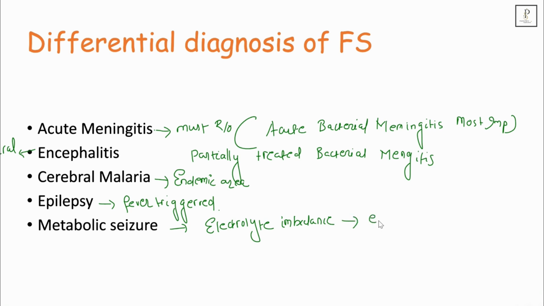So one example is hypocalcemia. Another is glucose level, that is hypoglycemia. Hypoglycemia also can manifest with seizure.